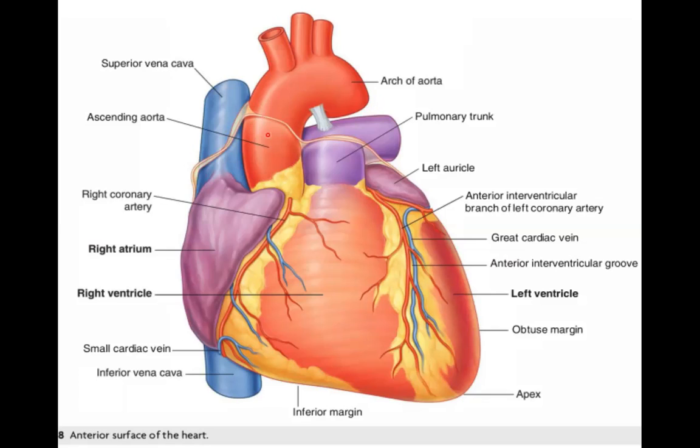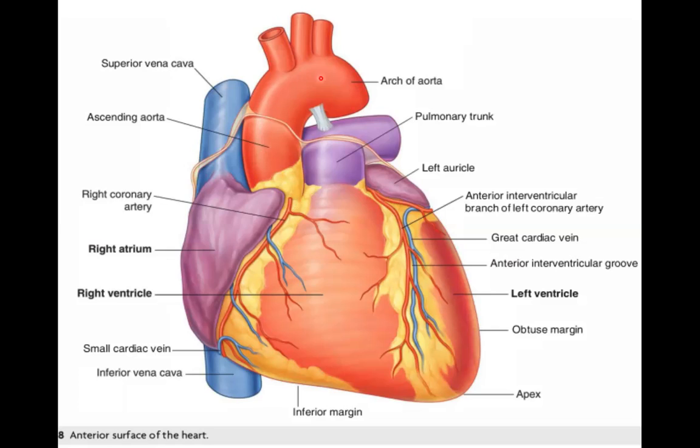So the arch of aorta starts and ends at the same level, but it starts anteriorly and ends posteriorly, as you see, and it is an arch. The ascending aorta arises upward and forward to the right, while the arch of aorta will arch from the right to the left, from anterior to posterior.